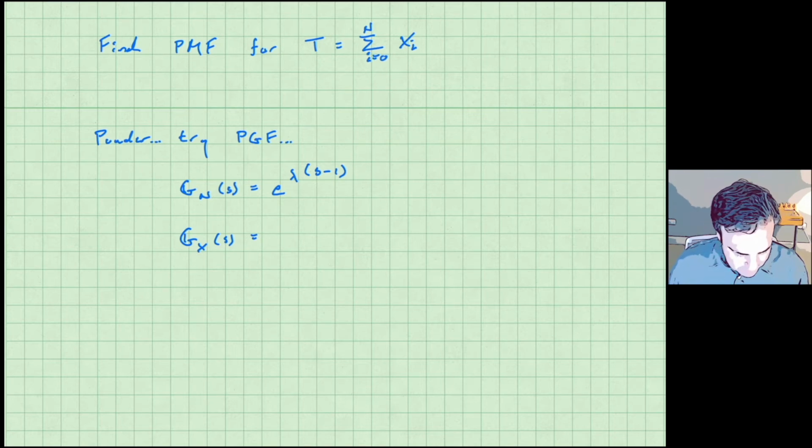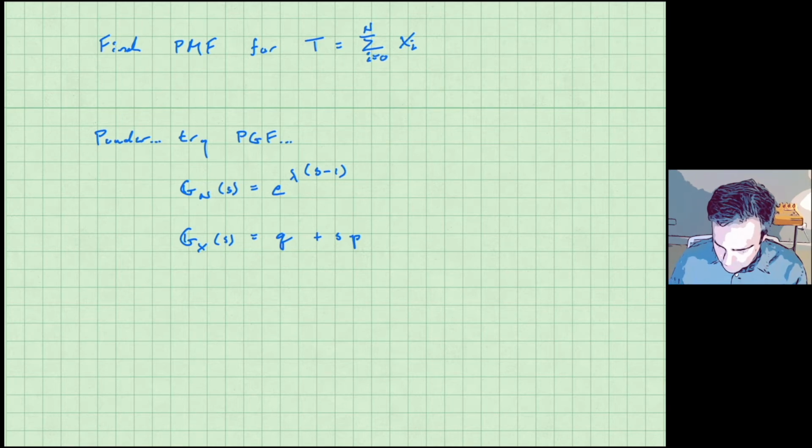So s to the 0, which is 1, times the probability of 0. So we'll call that q. It's 1 minus p. Plus s to the 1 times the probability of 1, and that's it.